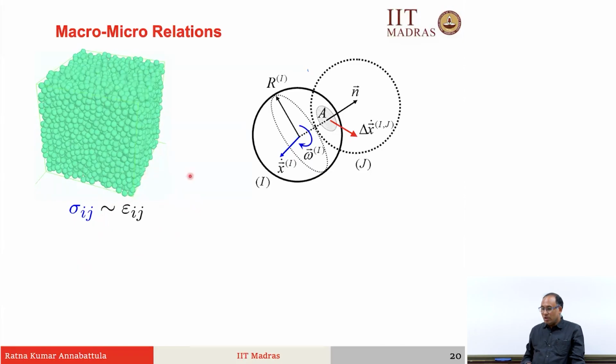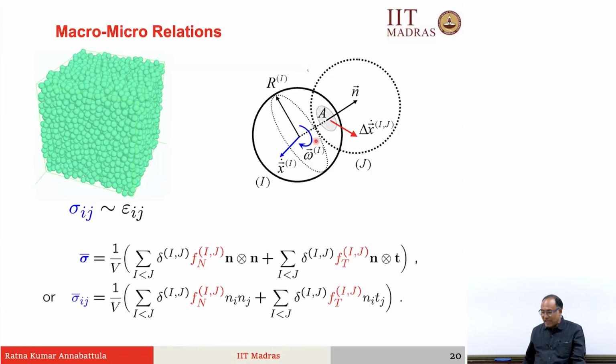Now you know the contact forces acting on each and every particle in the entire assembly. So, at each and every instance of time you can compute the macroscopic stress in the assembly, and that is given by this equation. This is what we call a volume average stress. At each and every instance you know what is my overlap and what is my contact force.